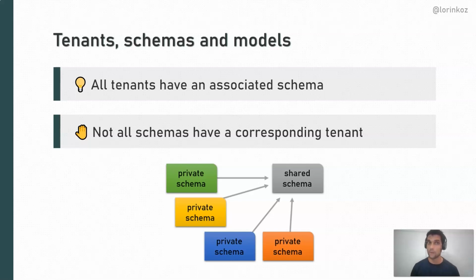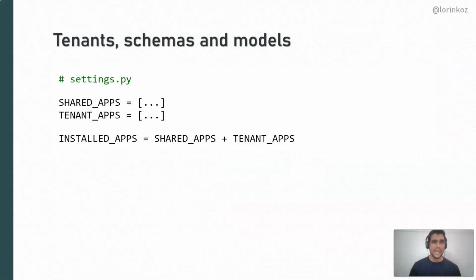In your regular Django project, you must place all your applications inside the installed apps list in your settings. Now, as soon as you start using one of these packages, you are forced to split your apps between shared apps and tenant apps.